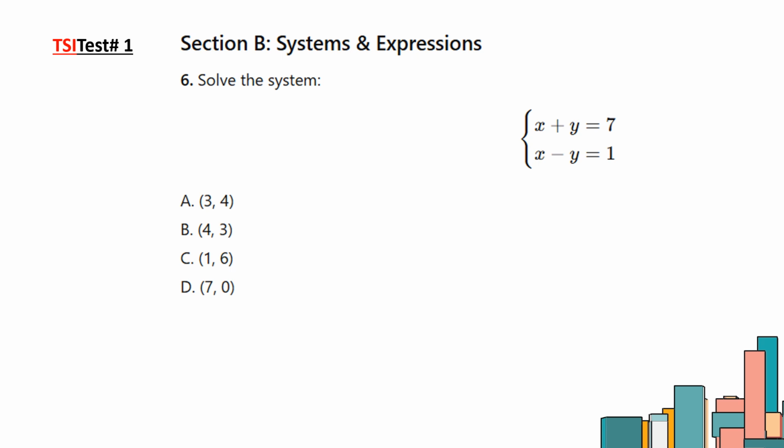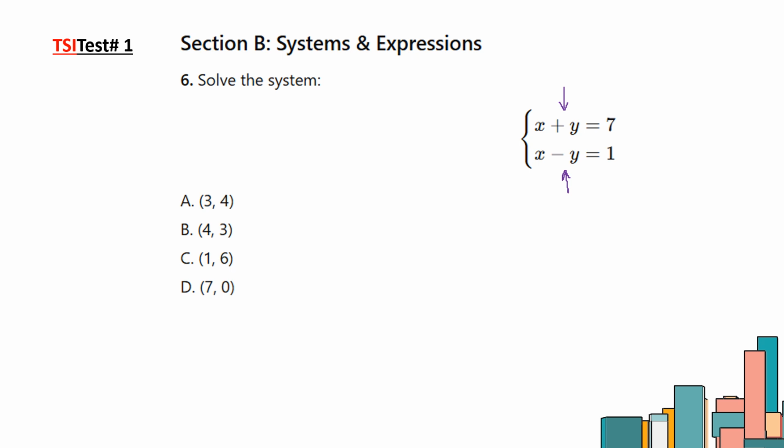Question number 6. Solve the system: x plus y equals 7, x minus y equals 1. In this case, you see that the coefficient of y in the first equation is positive 1, and in the second equation it is negative 1.